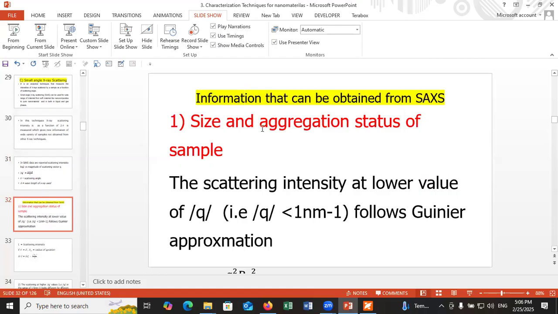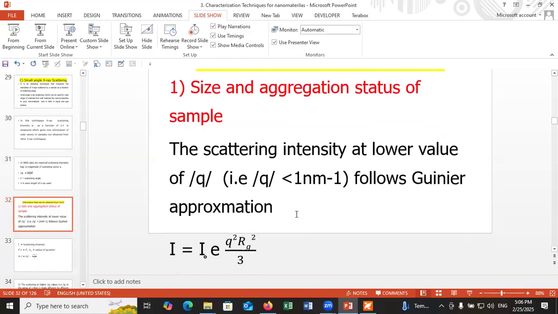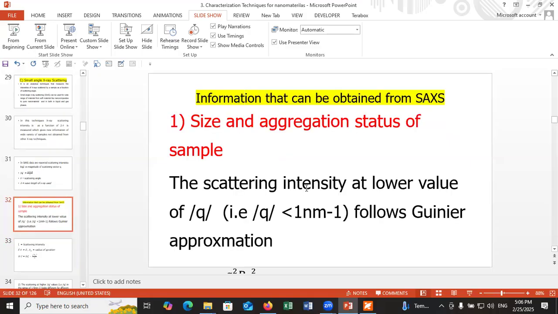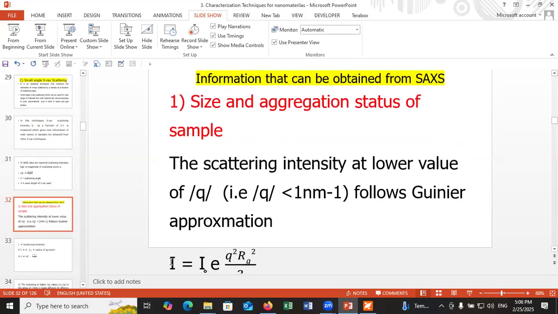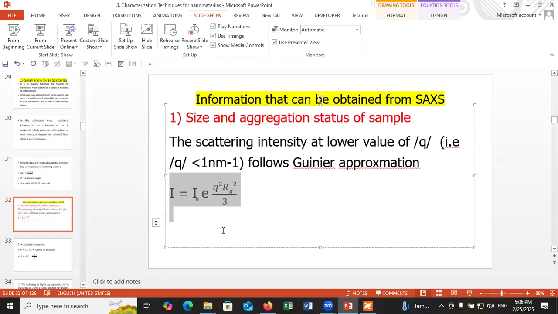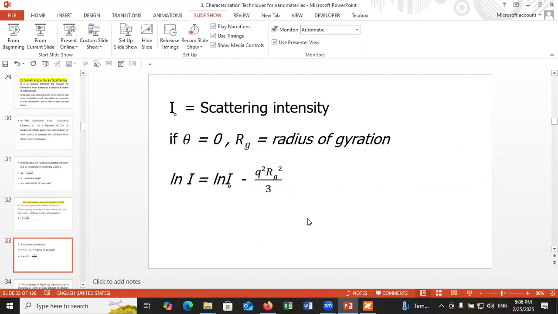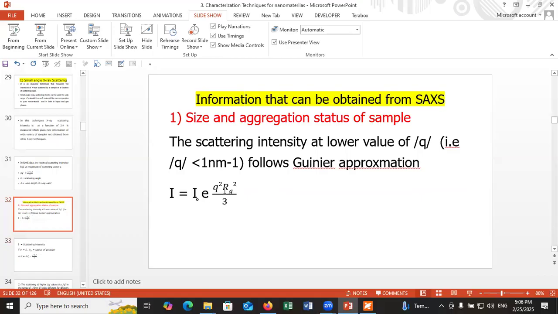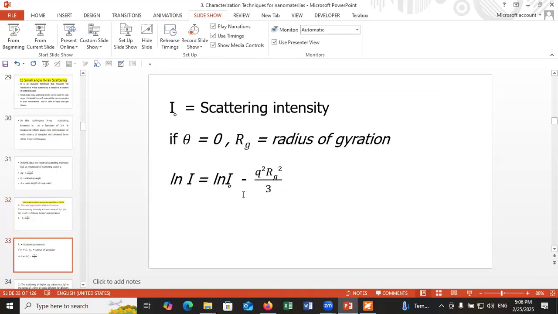Information that can be obtained from SAXS: size and aggregation status of the sample. The scattering intensity at lower values of Q, lower than 1 per nanometer, follows the Guinier approximation: I equals I naught e to the power minus Q square Rg square over 3, where I naught is the scattering intensity at theta equal to 0 and Rg is the radius of gyration.